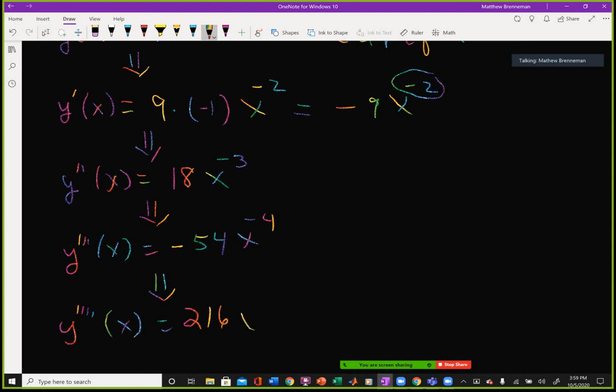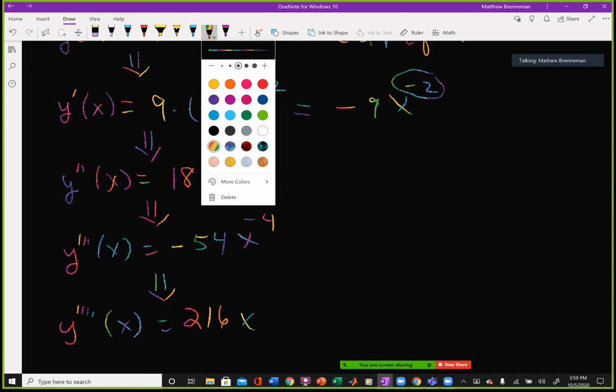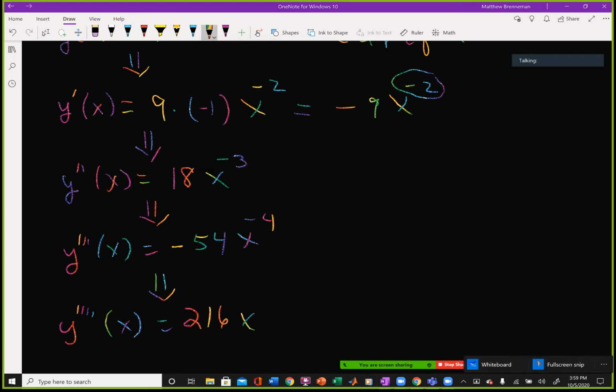And of course, you have to watch because this isn't how you'll see it, right, on the answer sheet. How will you see it on the answer sheet? What will be different? Instead of x to the minus 5, what will you see? A fraction. Right.